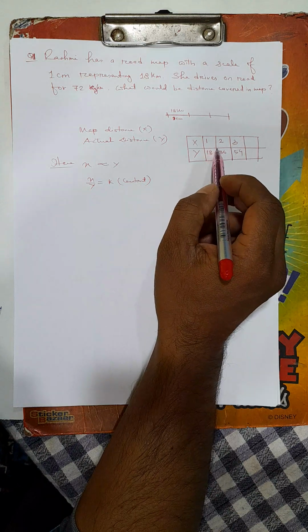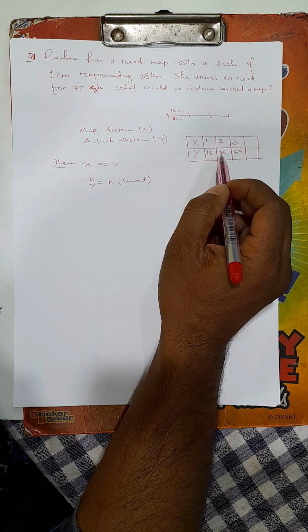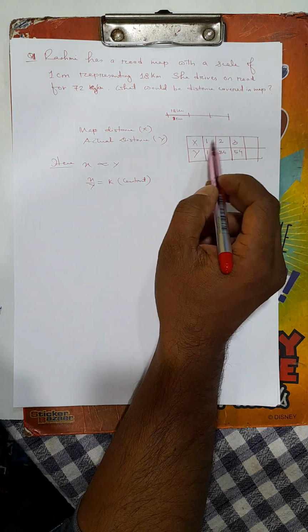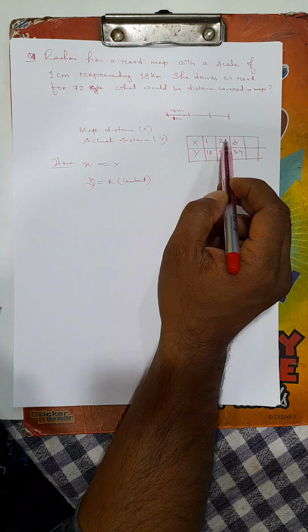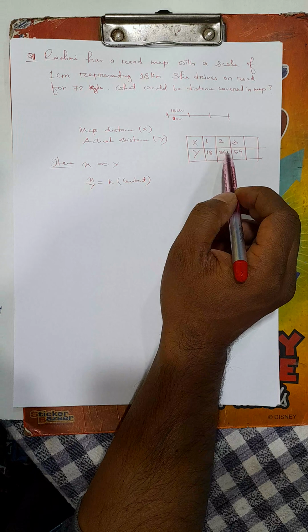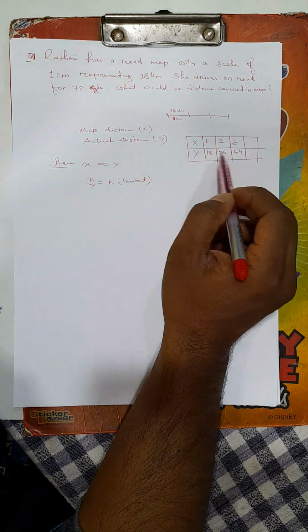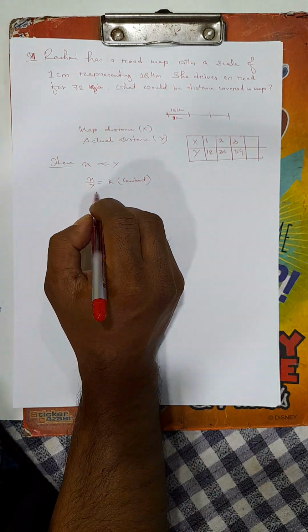When x changes from 1 to 2, y changes from 18 to 36. When x changes from 2 to 3, y changes from 36 to 54. That means the difference is 18. So x by y is constant.